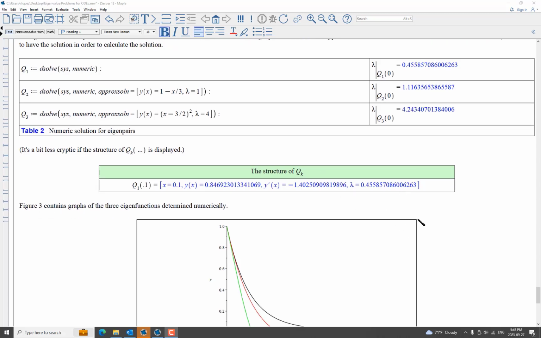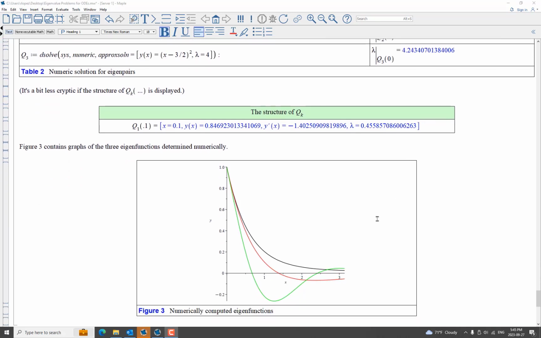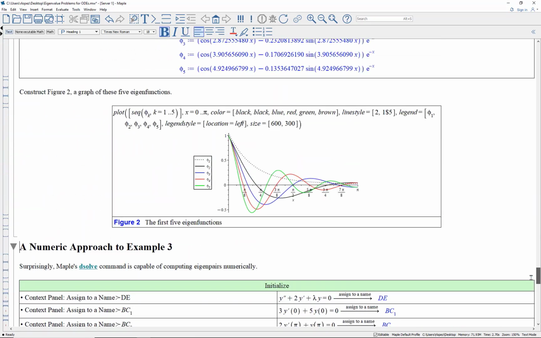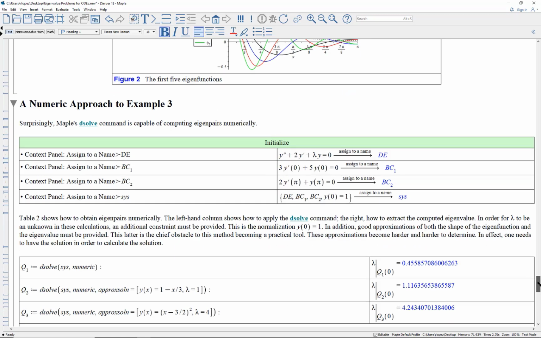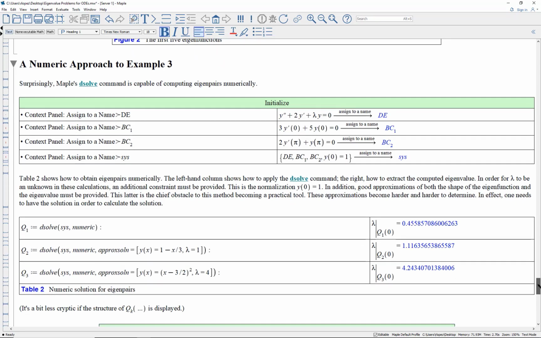Well, with that clarified, here's a graph of those three functions that I computed numerically. They tend to match these. I did not do an exact match, but that's how you would use one tool to corroborate the results of another tool.